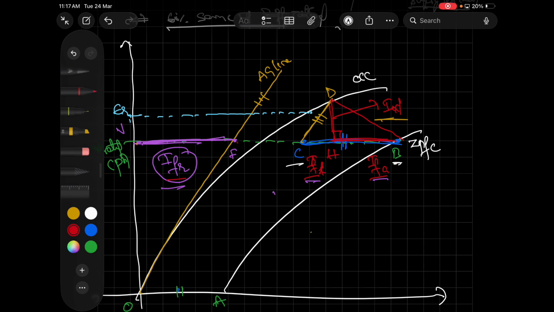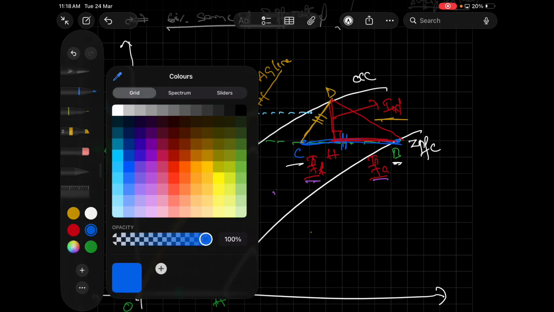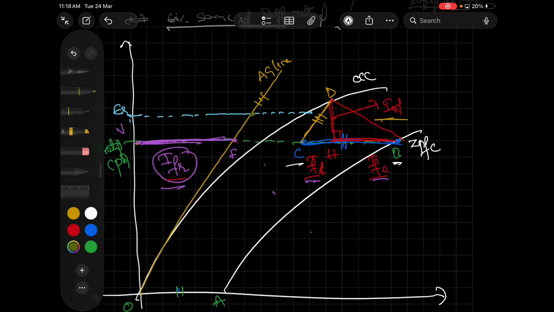Now this length, draw a dotted line onto OCC. Now give the notation as some M point here. This length is the M. Give the notation as this M and this notation as some Y.